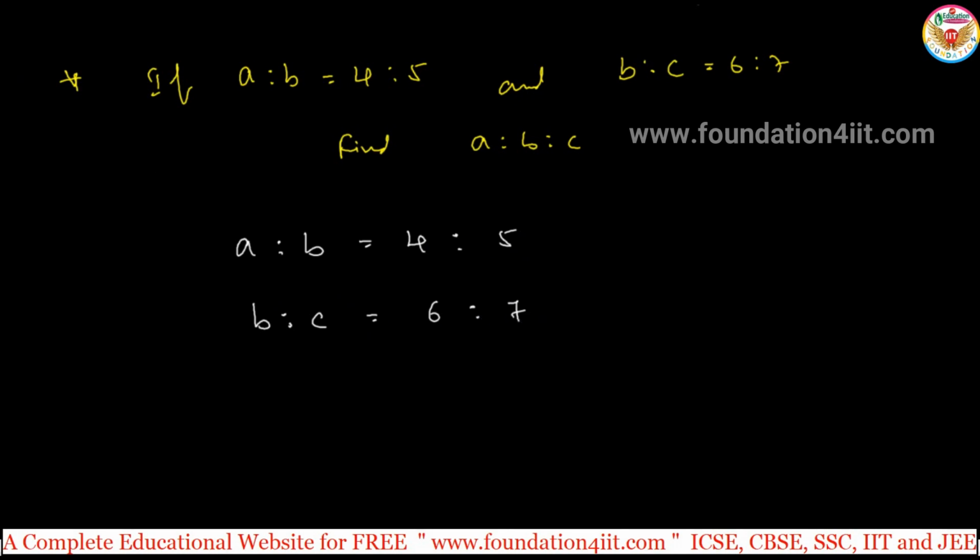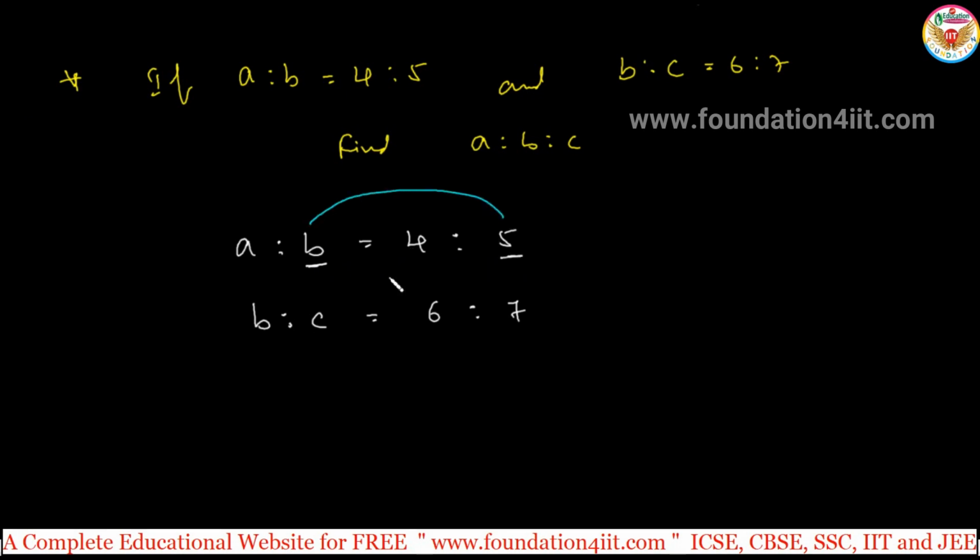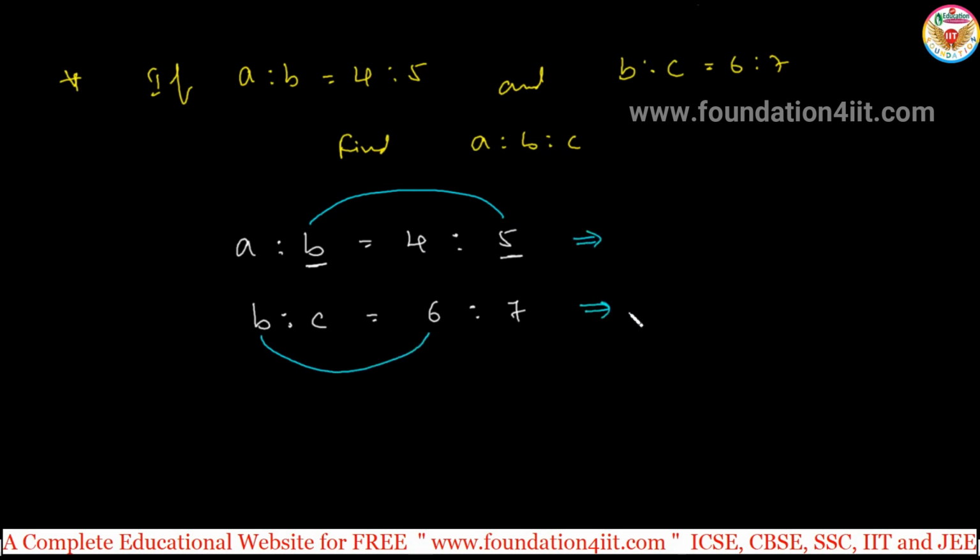So don't write directly A is to B is to C as 4, 5, 7 or 4, 6, 7, because the B value is not the same. We notice B is 5 in the first ratio, and here the B value is 6, not the same. So we should first make the B value the same in both ratios.